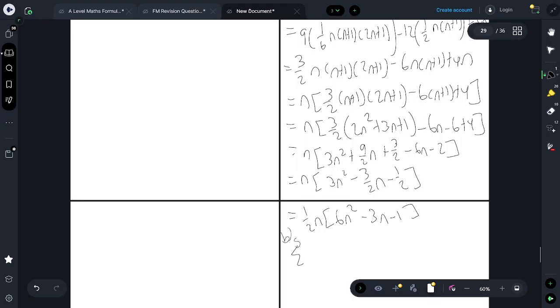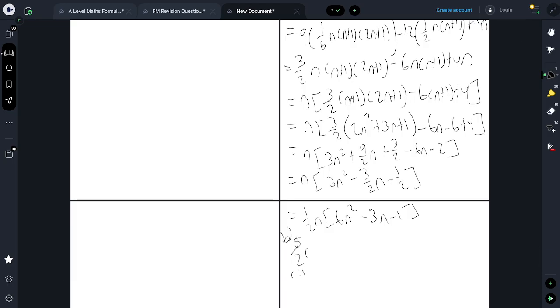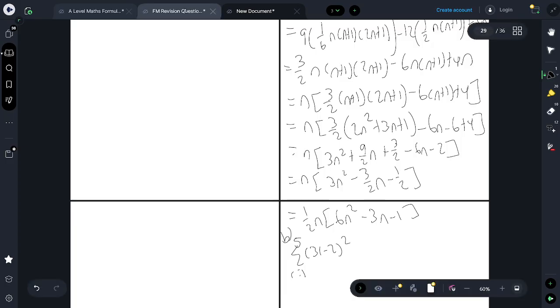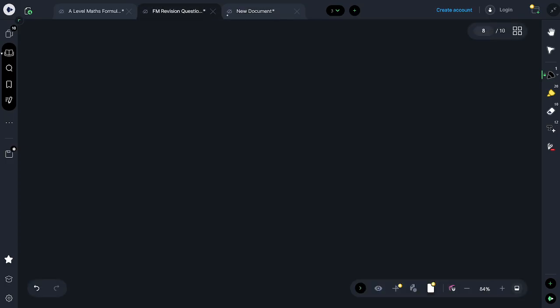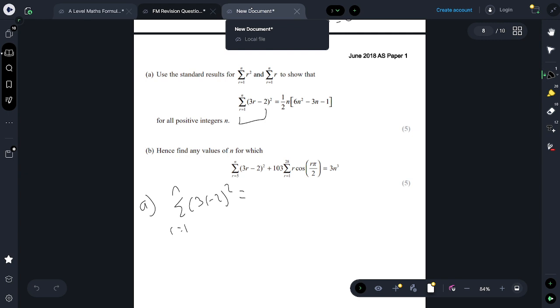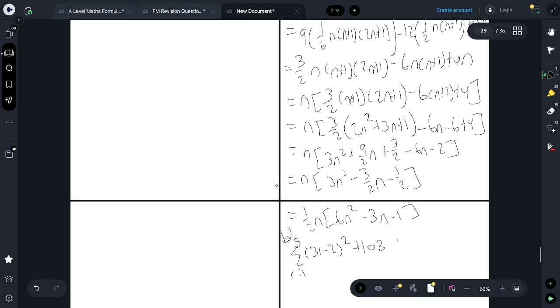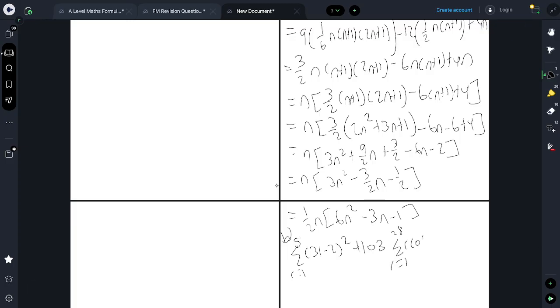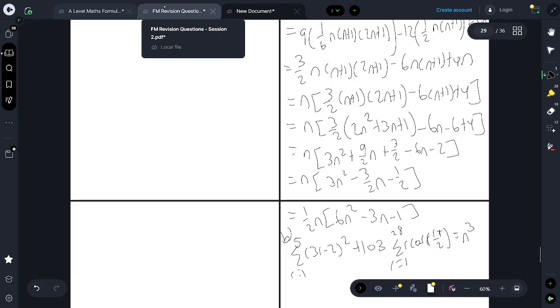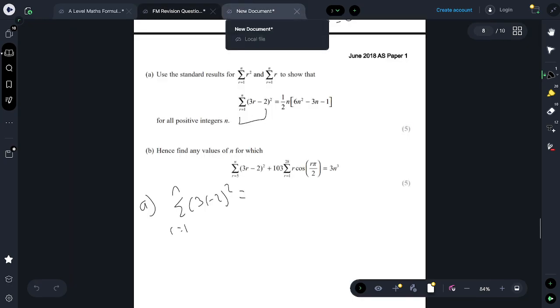Part B: the sum between r is 5 and n of 3r minus 2 squared, so what we just did, plus 103, sum between r is 1 and, was it 28? of r cos r pi over 2. And I think it's equal to n cubed, right? r pi over 2 equals 3n cubed.